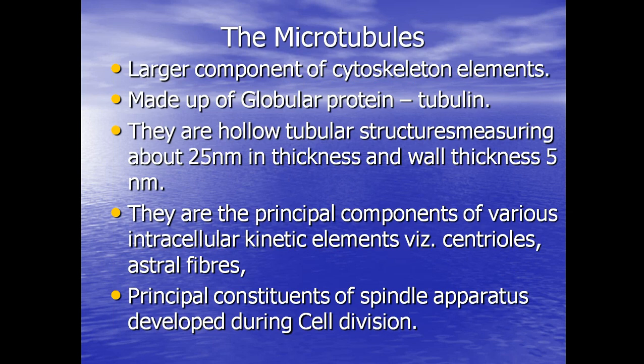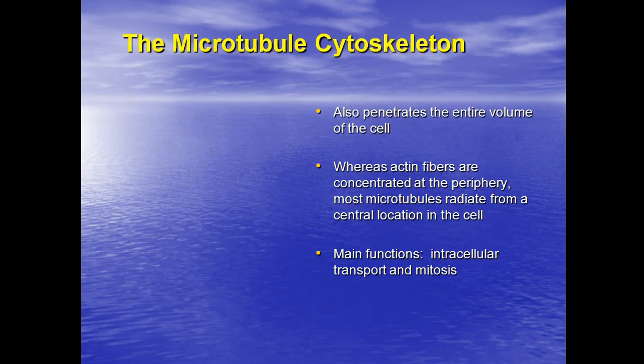But this principal constituent of the spindle apparatus develops only during cell division. These microtubules, in the form of the centrosome, are not visible when the cell is in a non-dividing phase. Only when the cell is in the dividing phase do they get reorganized into the spindle apparatus.